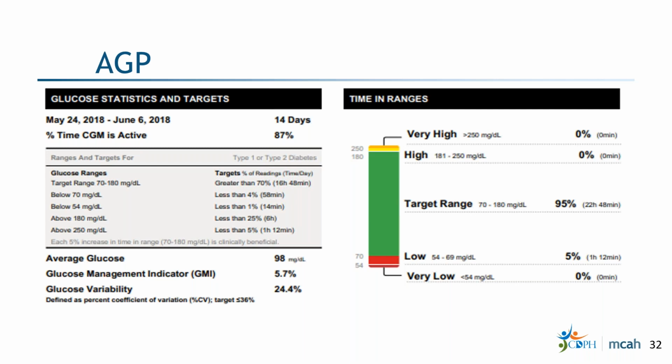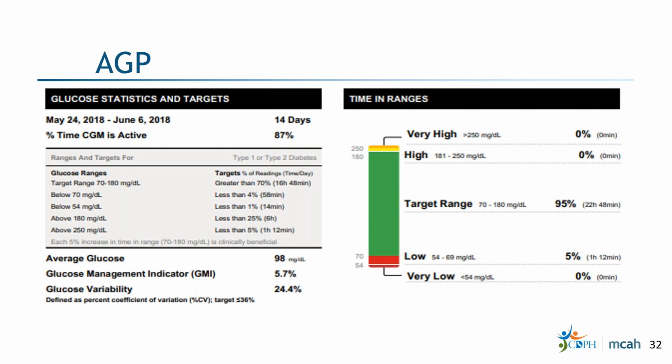And so you'll notice some things on here, 87% active. So we do have over that 70% time. Her glucose management indicator, that's the average of the A1C, is 5.7%. And her variability is only 24%. So that is below that target of under 36%. Unfortunately, this particular report defaults to the 70 to 180 on here.